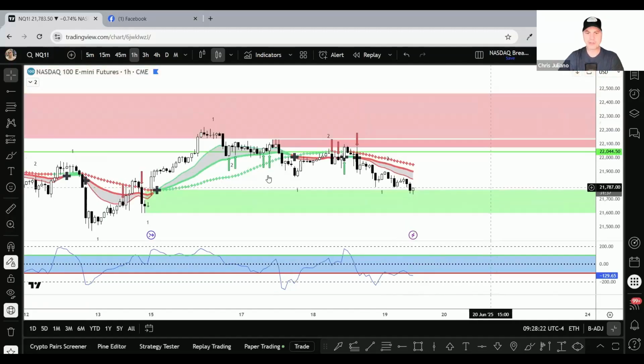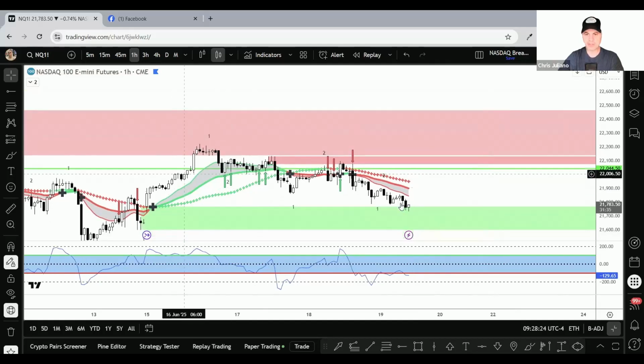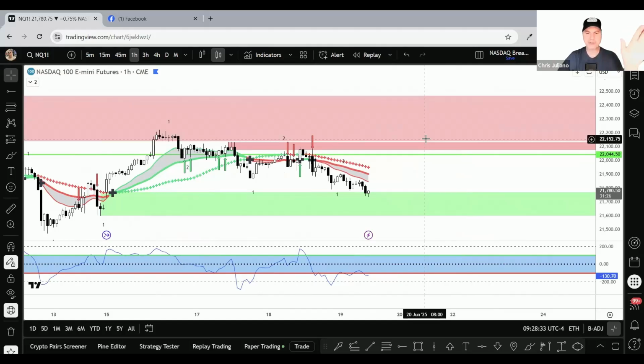All right, and it's very possible we could just sort of continue to bounce along back and forth like this. Here's what makes everything so difficult to trade. We're in a sideways movement here. Okay, and when you're in a sideways movement, by the time price gets down to your demand zone, you've got momentum and trend pointing down.